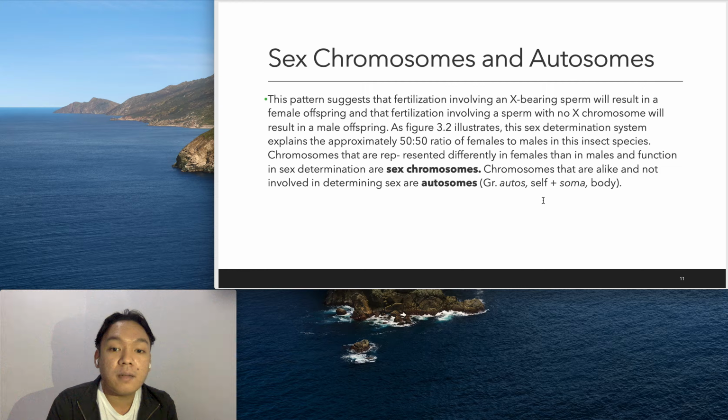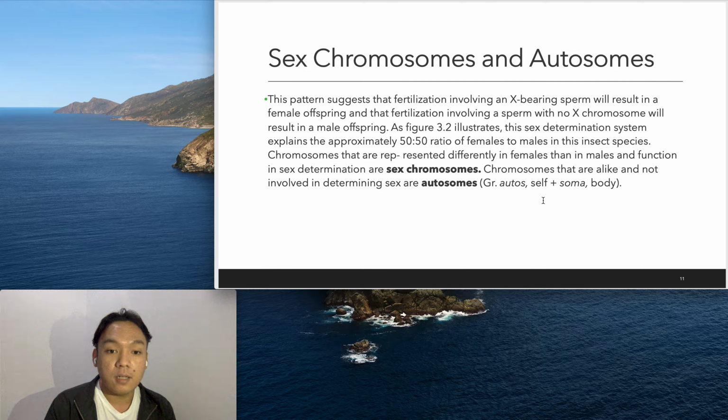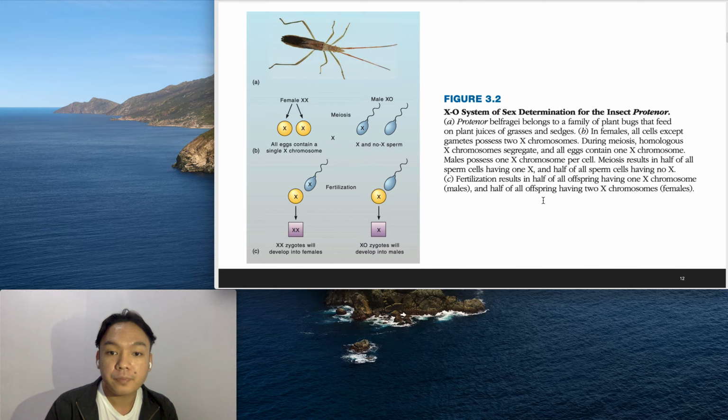This is figure 3.2, which illustrates the sex determination system in a 50-50 ratio for males in these insect species. Chromosomes are also represented differently in females than in males, and the chromosomes that function in sex determination are sex chromosomes. Chromosomes that are alike and not involved in determining sex are called autosomes, or the somatic cells.